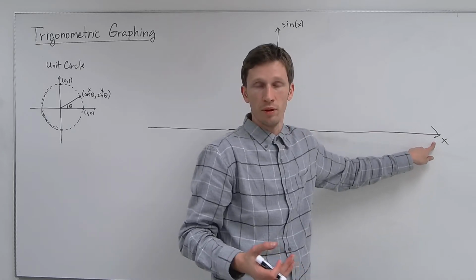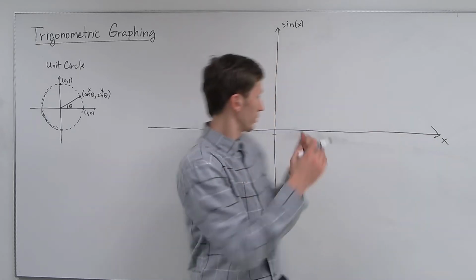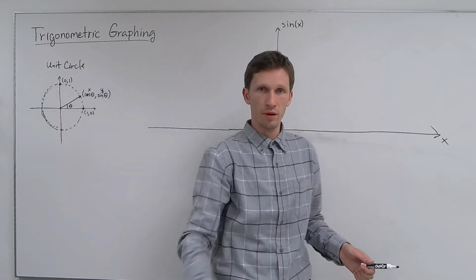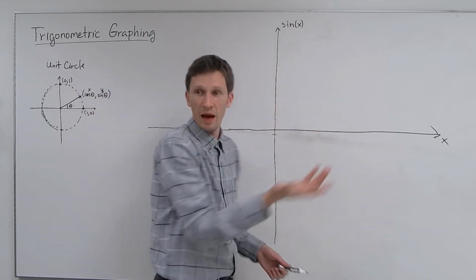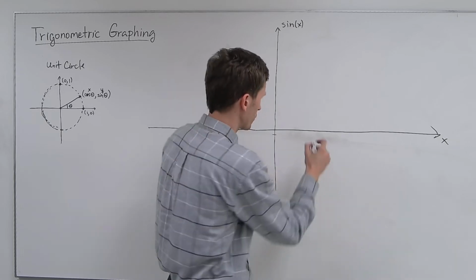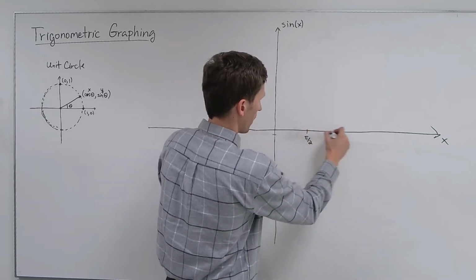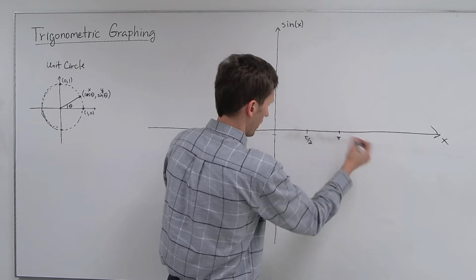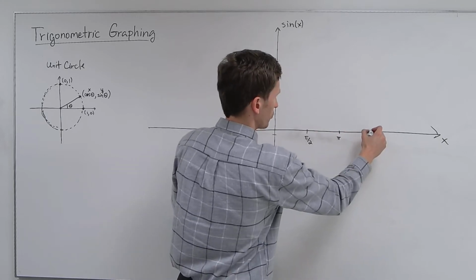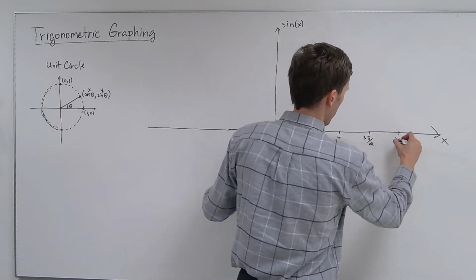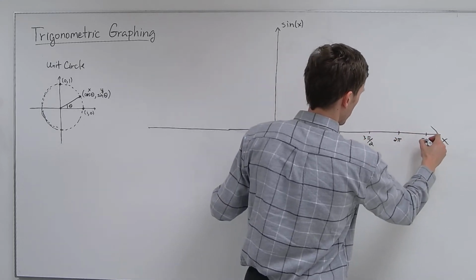As we go from left to right, the angles are increasing from 0 to, let's say, 90, which in radians is what? Pi over 2. So let's do pi over 2 here. And maybe another 90, another pi over 2 to make it pi, 180 degrees. And then let's do 3 pi over 2, and let's do 2 pi, and so on and so forth, 5 pi over 2, right?